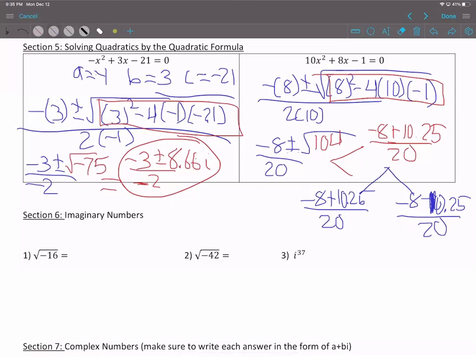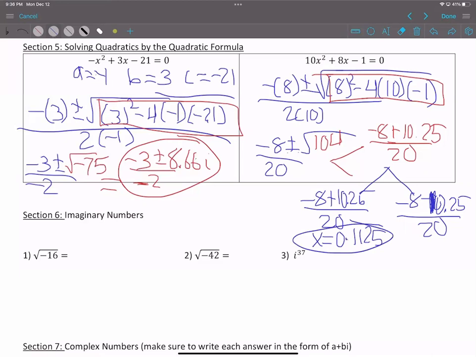Just make sure when you put this in your calculator, you type in the numerator at the top, press equals, then divide by the denominator. For this first one, it would be -8 plus 10.25. That would be positive 2.25. Divide that by 20 and you'll get your answer, which is about 0.1125.